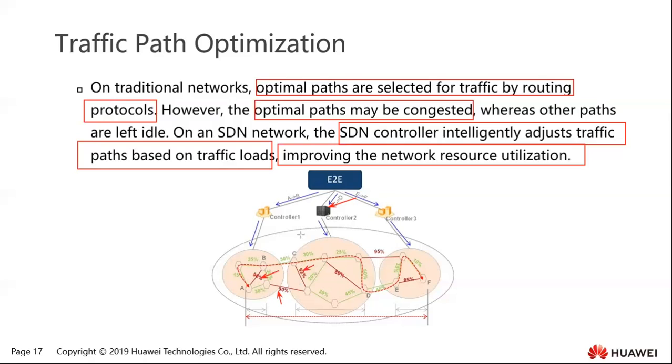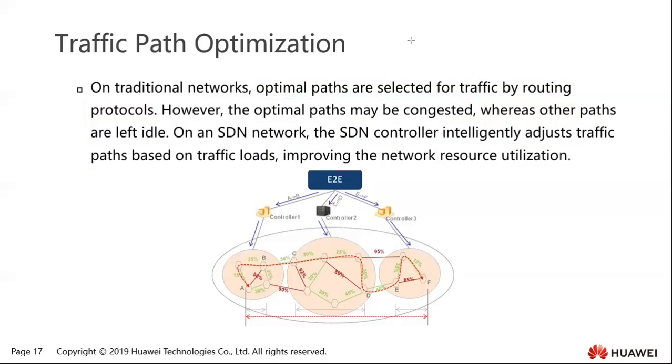Therefore, you can intelligently adjust the traffic path based on this information, so that packets are forwarded via paths that are less congested. That is one of the biggest advantages of a centralized controller, and SDN for that matter.